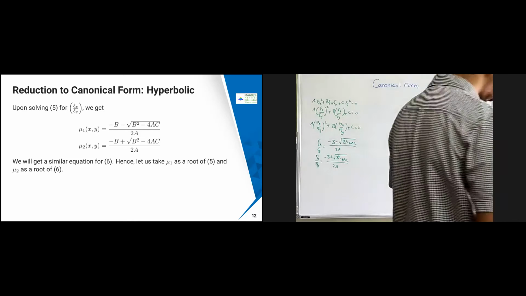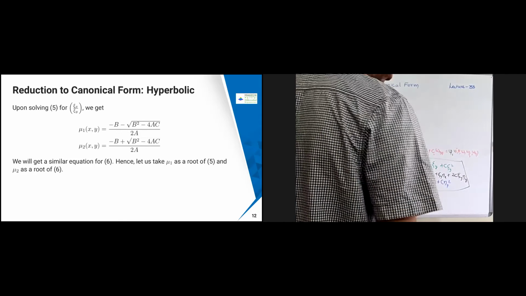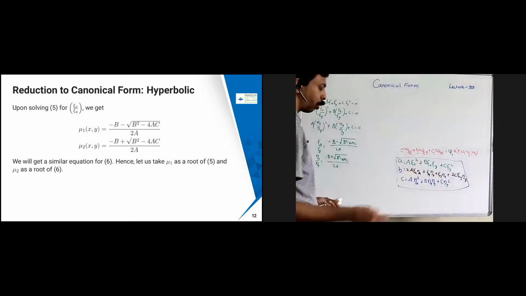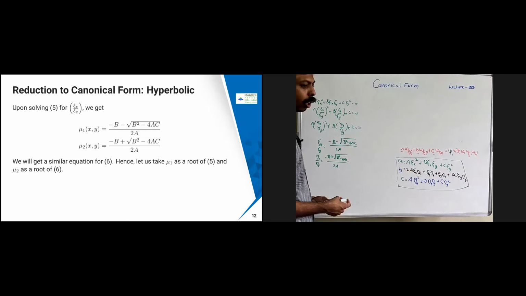I can call these mu1 and mu2. These are called the roots of the equation, so two roots will come.